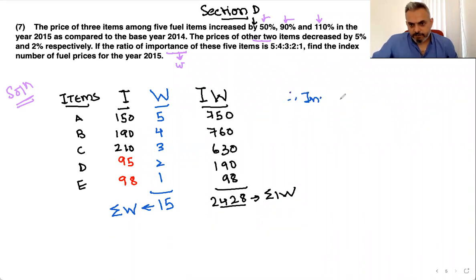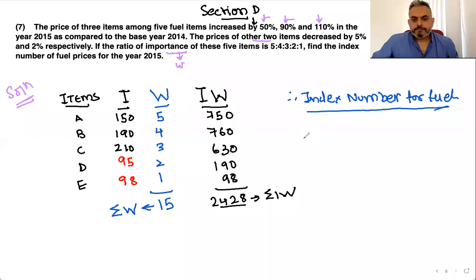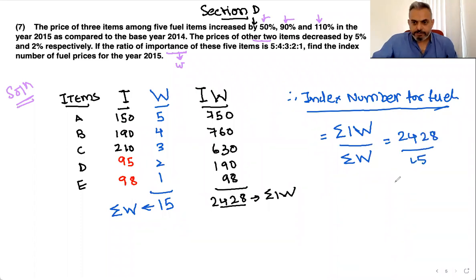Therefore, index number for fuel is equal to sigma IW upon sigma W, which is equal to 2428 divided by 15, which is equal to 161.87. Answer.